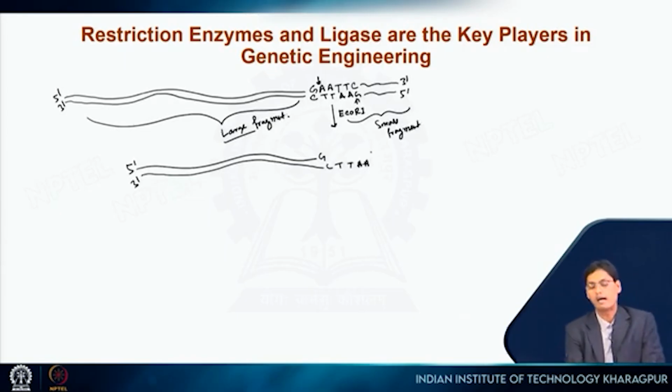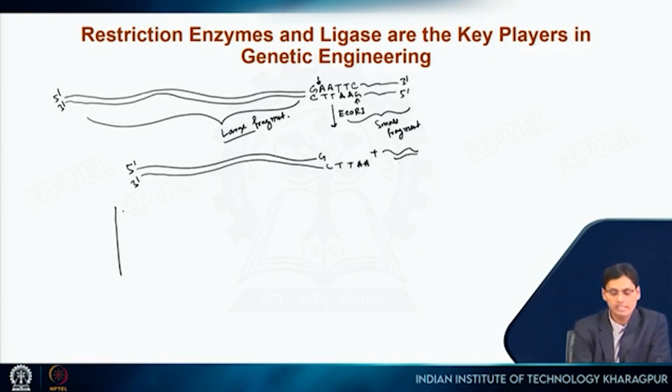Now I am not writing the sequence again and again to save some time. So now this is the small fragment. Now you can separate these two fragments based on some other technique that you have already learned, for example, gel electrophoresis. If you run the digested product in agarose gel electrophoresis, what will happen?